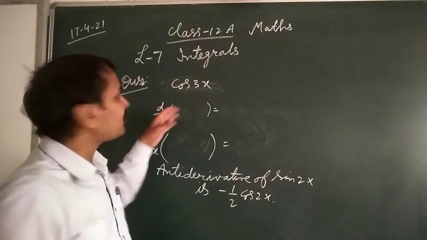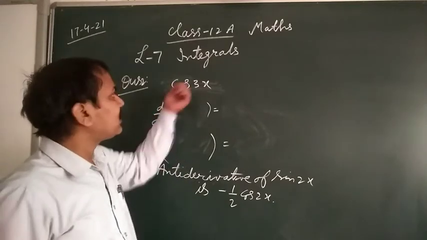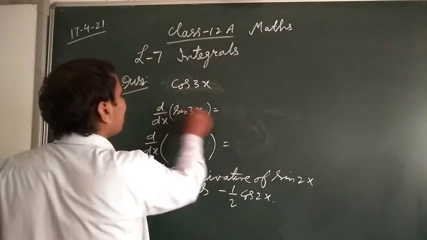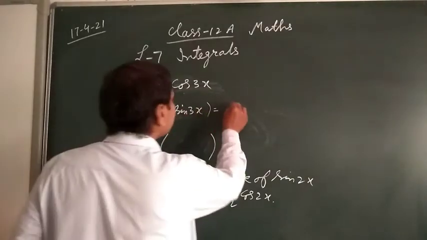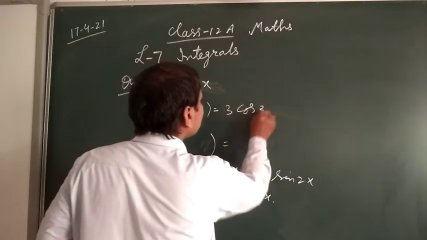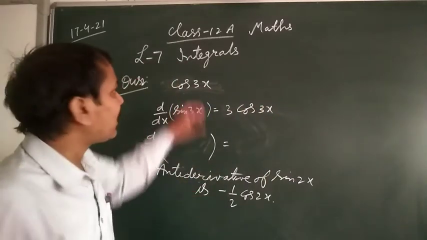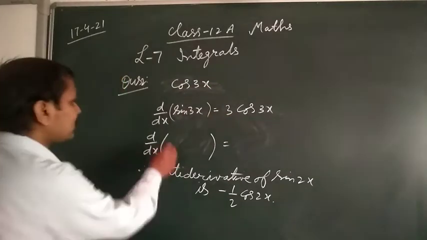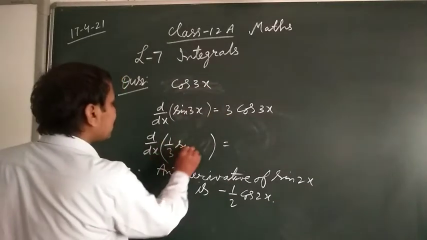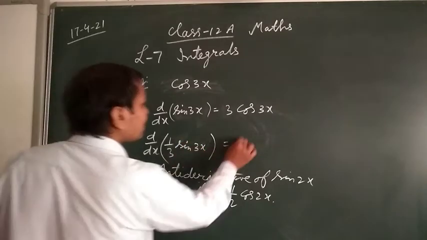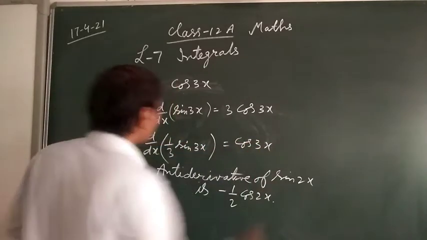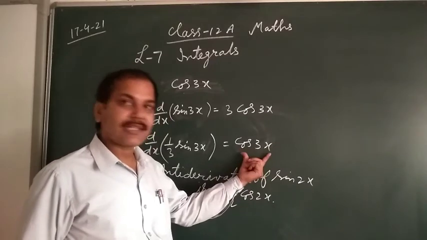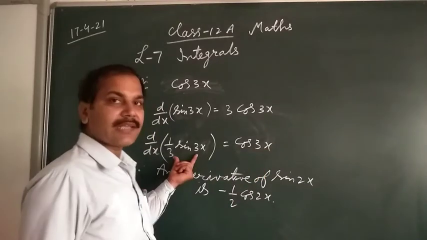First find which function's differentiation is cos 3x. It is sin 3x, whose differentiation is 3 cos 3x. But we have to find the antiderivative of cos 3x, so divide by 3. So 1 by 3 sin 3x. The differentiation of this is cos 3x, so the integration of cos 3x will be 1 by 3 sin 3x.